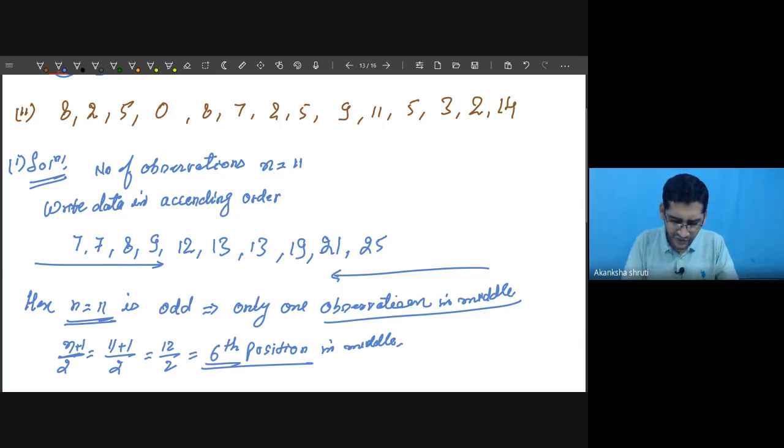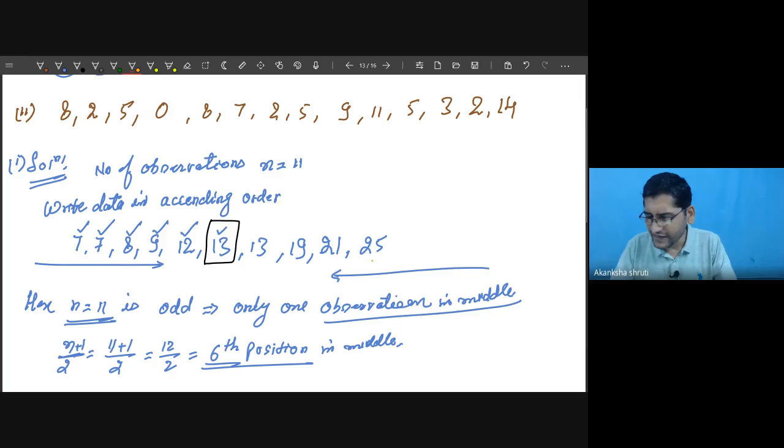Let me count it. First, second, third, fourth, fifth, sixth. Here we are observing the data in the middle is our 6th, and it is 30 from this end. Even from the other end, let me count from the right hand: first data, second, third, fourth, fifth.